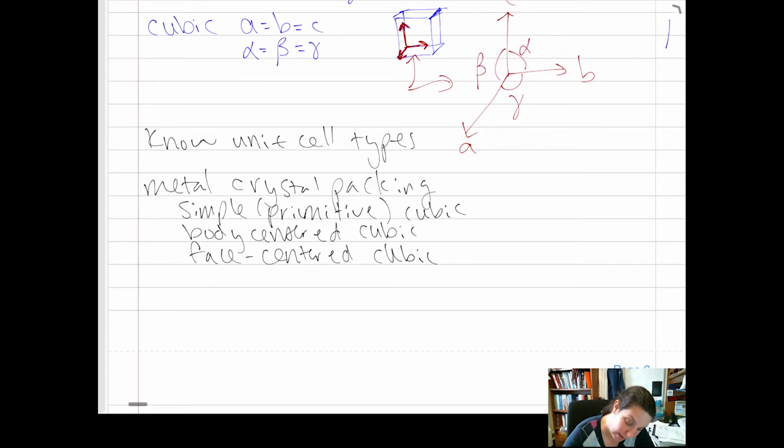With our simple or primitive, our Z is equal to 1, so we have one atom in there. It looks like this. Actually, I'll go on to the next page. So our simple looks like this, where we have an atom on each of the corners.